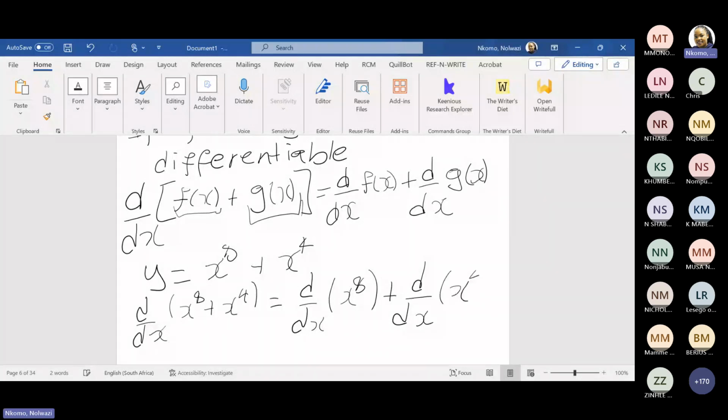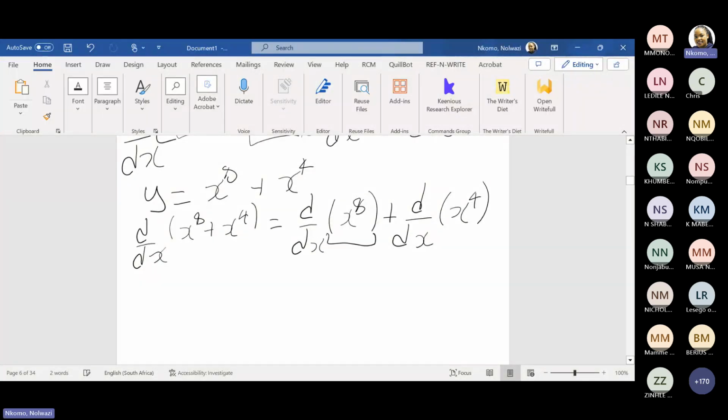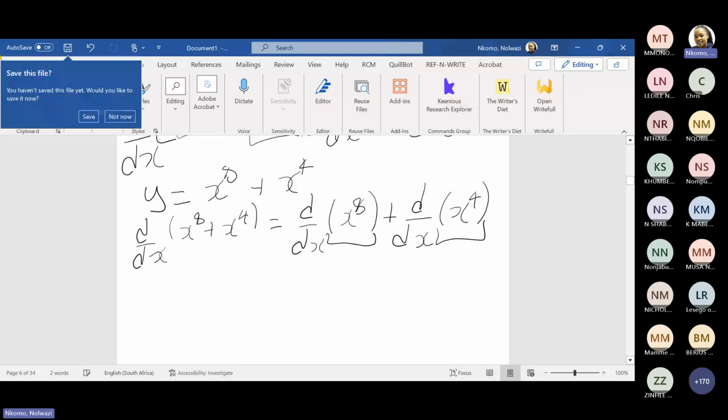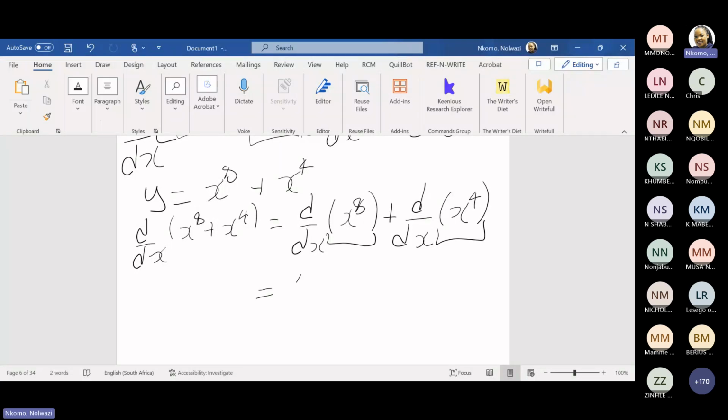Then here you can use your power rule, and also here you can use your power rule. If you use your power rule here and here, you should get 8x to the power 7 plus 3x to the power 4.